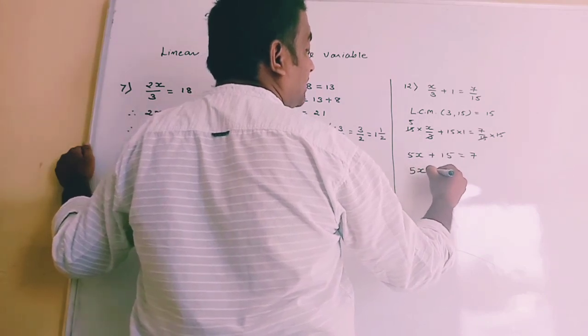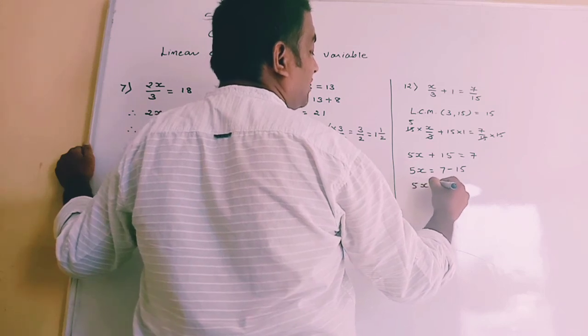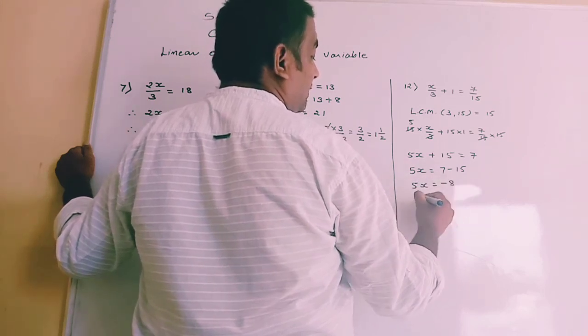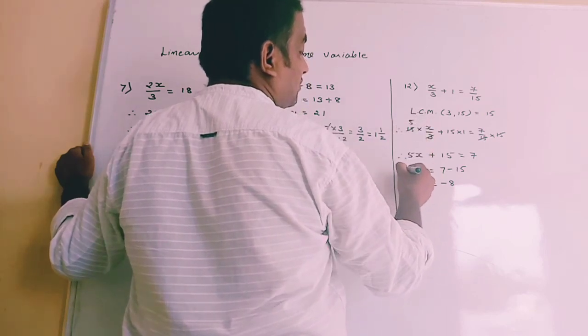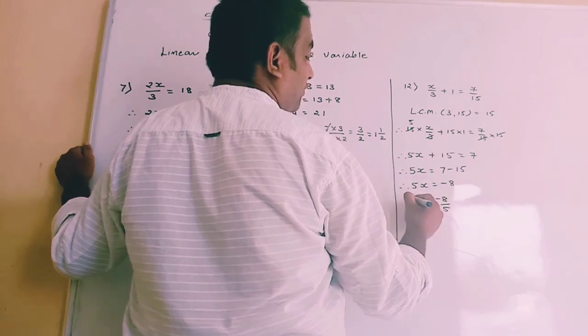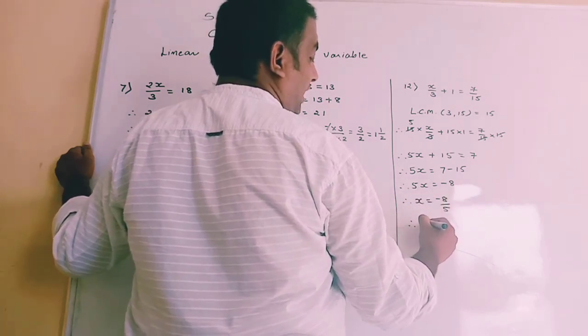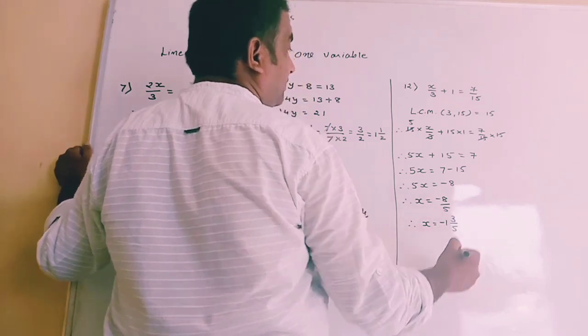So 5x is equal to 7 minus 15. So 5x is equal to minus 8. So x is equal to minus 8 by 5. And so x is equal to minus 1 and 3 by 5.